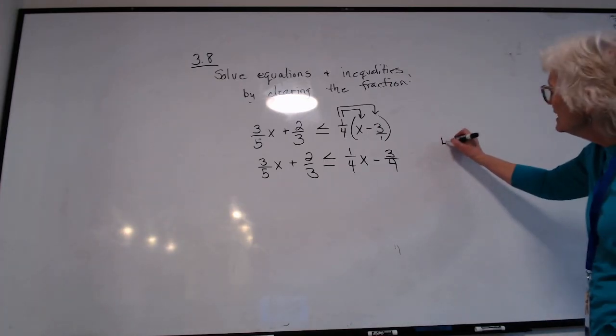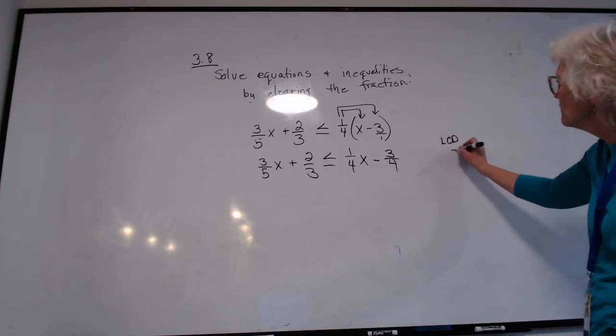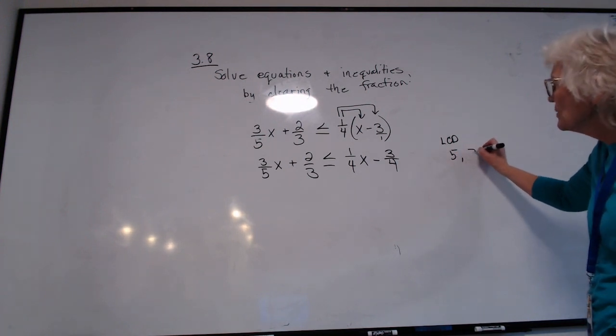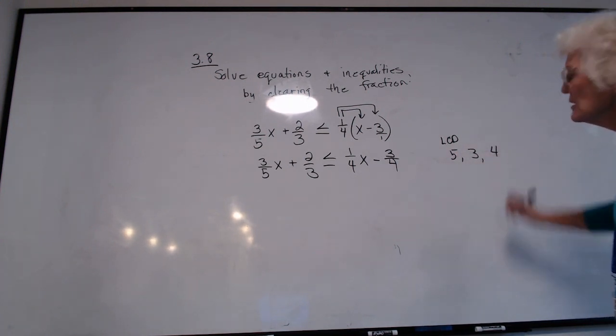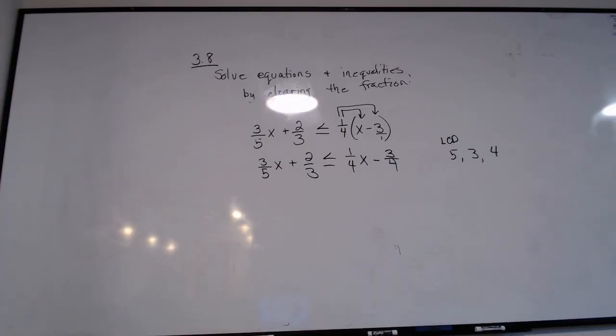What is our least common denominator for 5, 3, and 4? What is the number that all of those would multiply into? So 40, does 3 divide into 40?